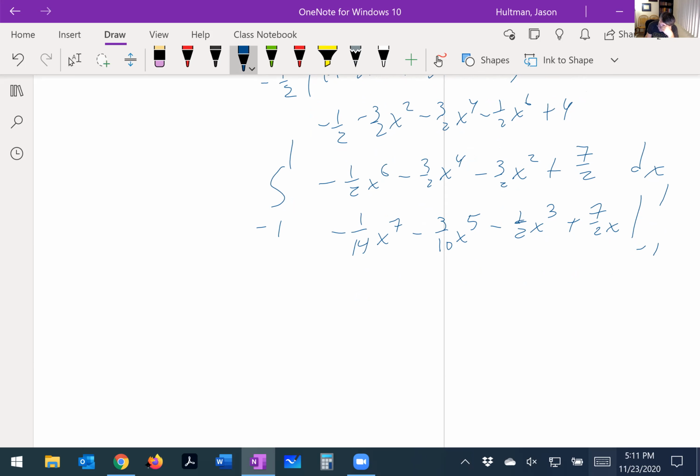So plug in 1 for this whole thing. It's just negative 1/14 minus 3/10 minus 1/2 plus 7/2, right? So this is 3.